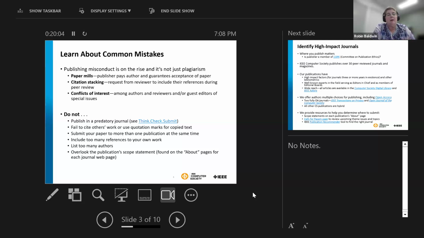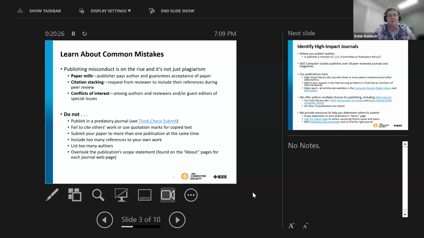Citation stacking, where a reviewer requests the author to include their references during the peer review process. And then there are also conflicts of interest, which can be among authors, reviewers, and or guest editors of special issues.